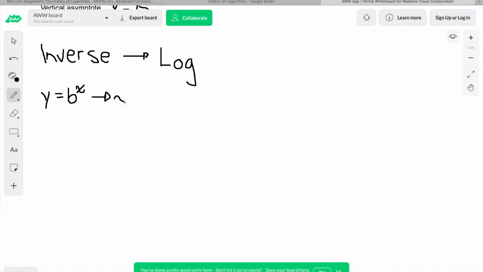Next, we switch the x and y values, so it would be x equals b to the power of y, and then we can write y equals log base b of x. This is the process we are always going to follow when converting the inverse of an exponential into a logarithm.